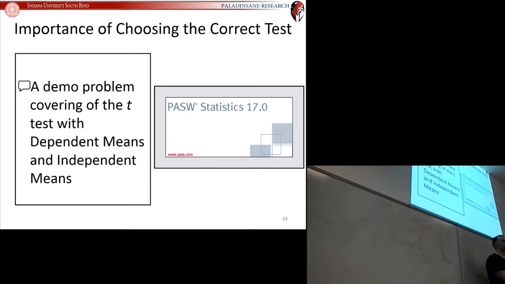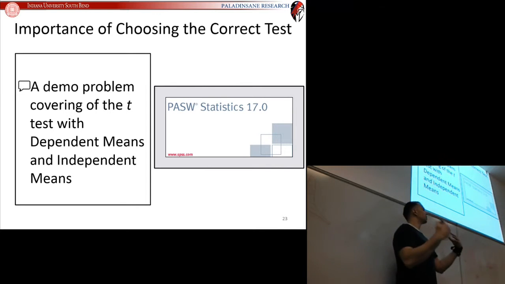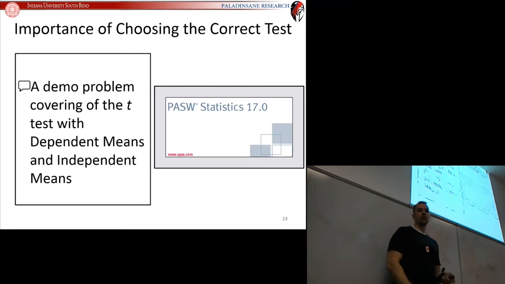Oftentimes you'll be given data, and without knowing the context or the description or the design of the experiment, it could be data from a dependent means t-test or from an independent means t-test. So we need to be sure that we identify which one is the correct one.